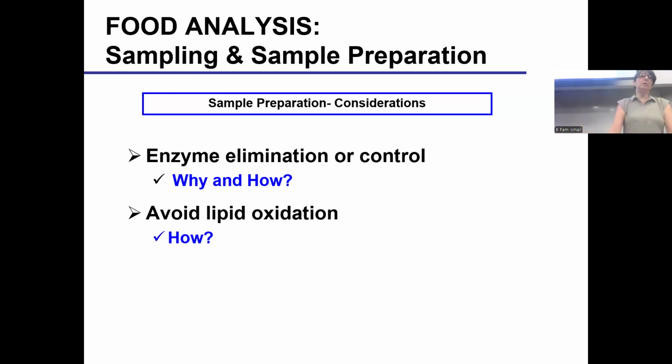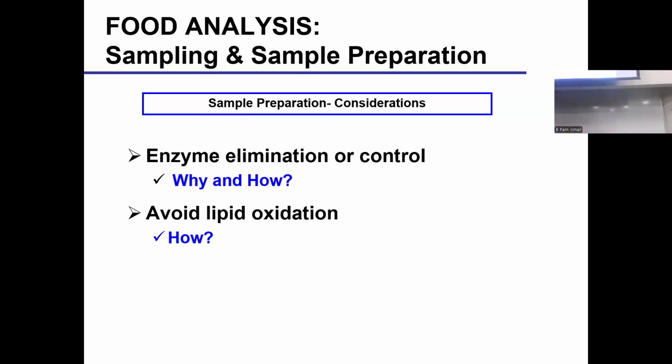Also, if we are determining, let's say, degree of saturated or unsaturated fatty acids, polyunsaturated, you don't want them to oxidize. So how do I avoid lipid oxidation? You prepared your sample, you put it in a container. What's the first thing you want to try to do? Huh? Remove? Yes. Remove air. We call it nitrogen flush.